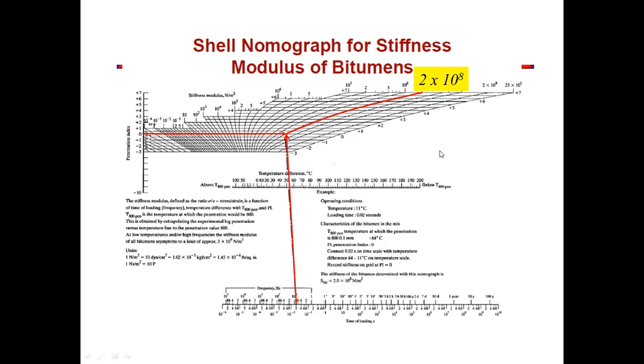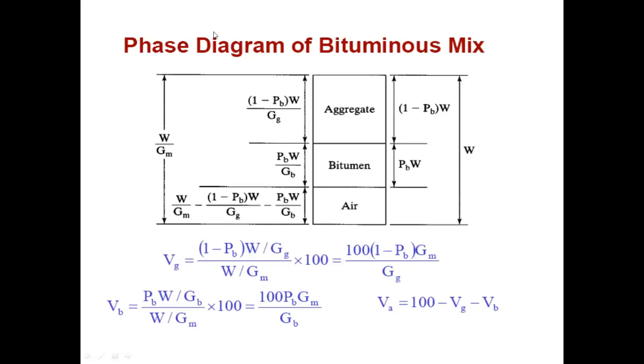Once we do that, we use these properties of the bituminous mix. Obviously, we do this while evaluating the optimum asphalt content, and all those things are known. We are interested in knowing the volume of the bitumen.